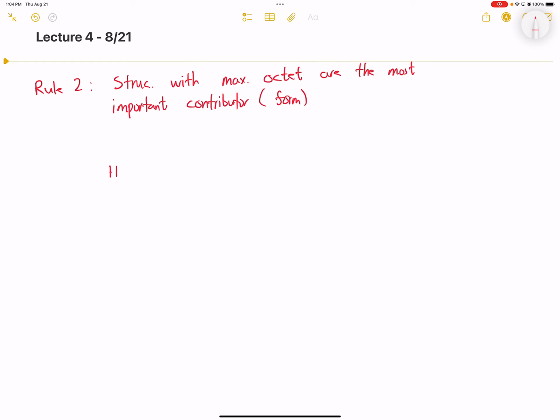For example, you have this molecule. You see there's a positive charge on carbon. Although according to electronegativity carbon's okay having a positive charge, usually when carbon has a positive charge, there's no octet.